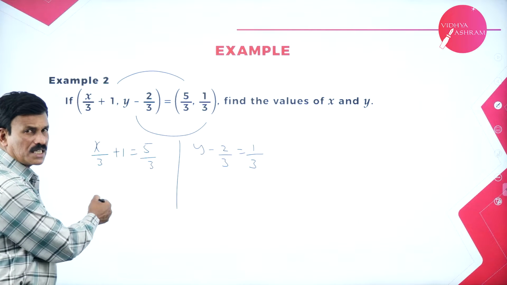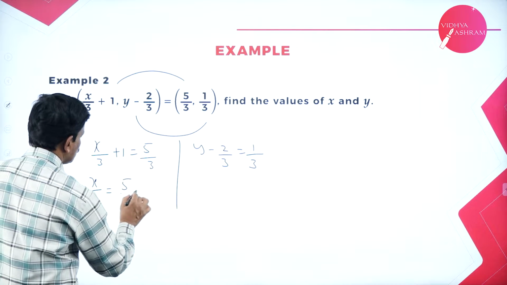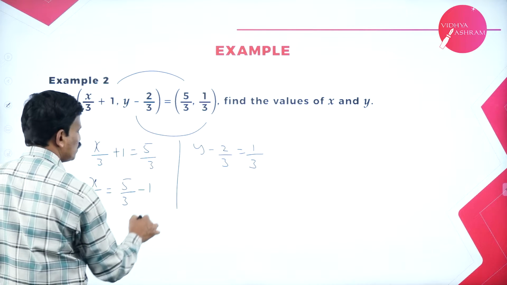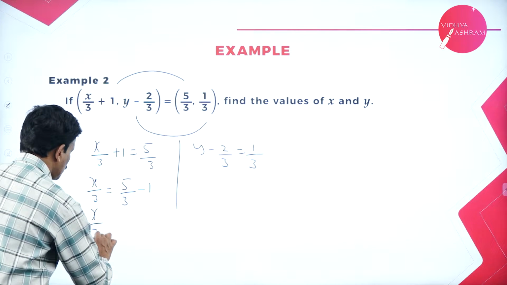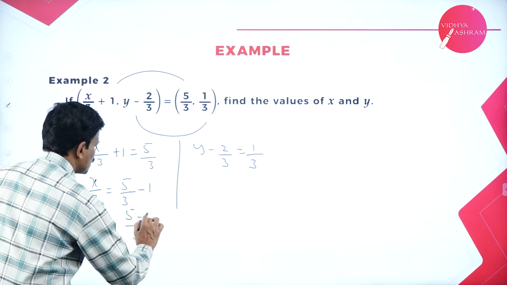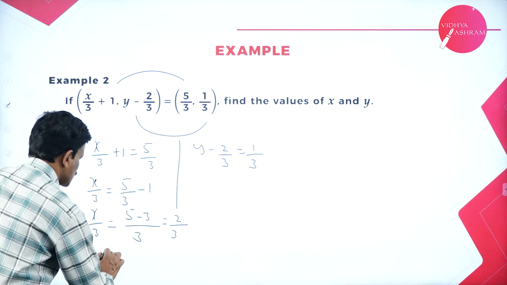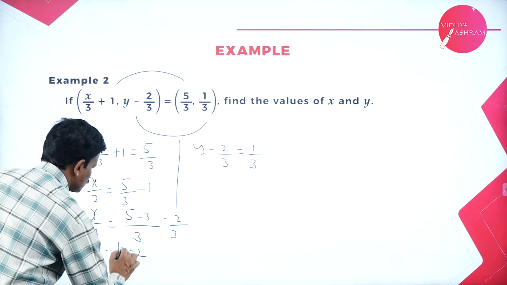If you want, you can take the LCM and simplify. Otherwise, you can transfer this. x/3 is equal to 5/3 and plus 1 becomes minus 1. x/3 is equal to, take the LCM, 3 is the LCM, 5 minus 3 is 2/3. So 3 gets cancelled, you will get x is equal to 2.